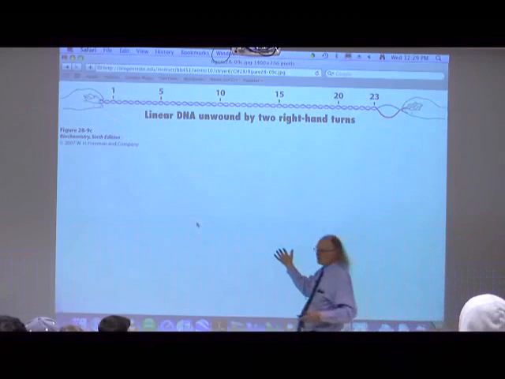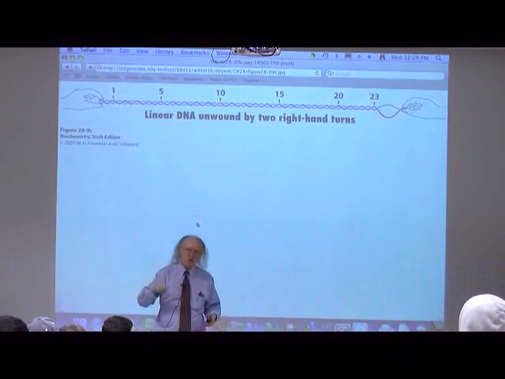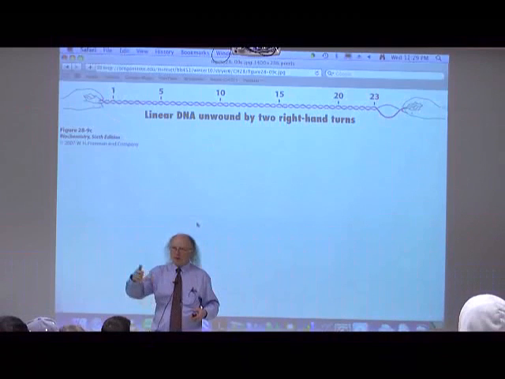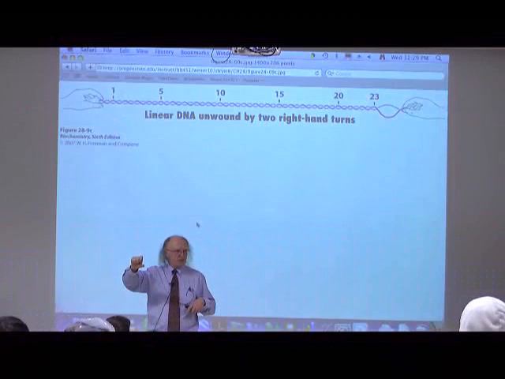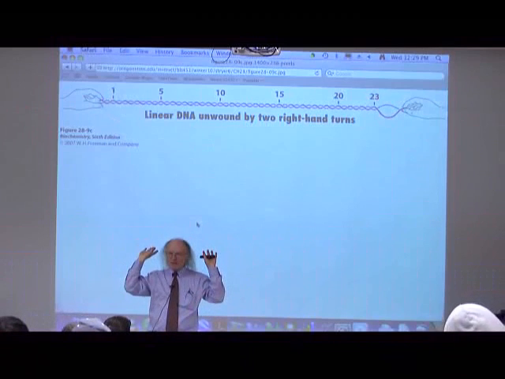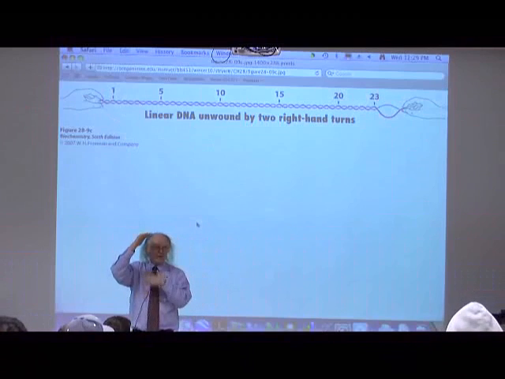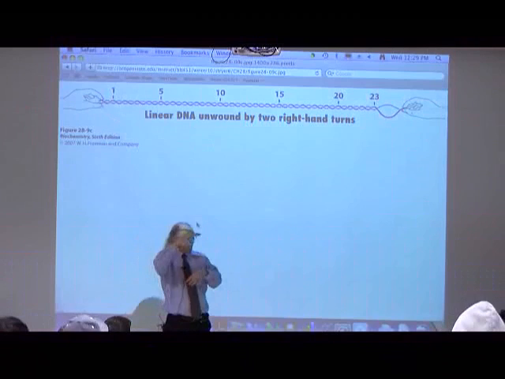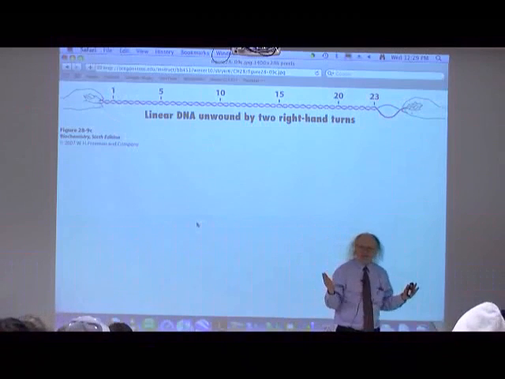Because 25 turns give it 10.5 base pairs per turn. When I alter the number of turns, and by the way, I use turns and twists interchangeably, and I have the same number of base pairs, then that ratio of 10.5 base pairs per turn is going to change. Right? Everybody with me? That's what the tension is.